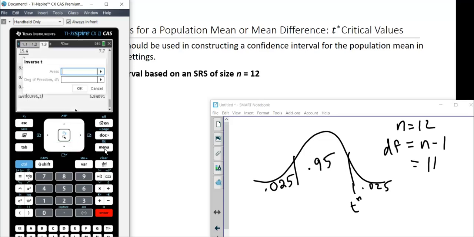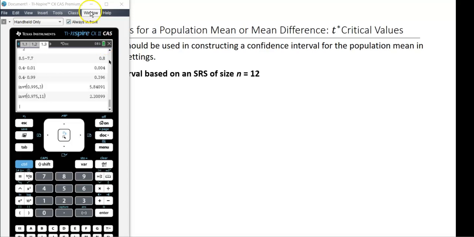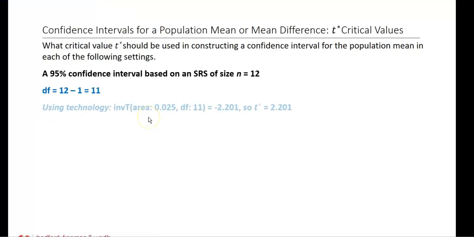Inverse t, area is 0.975, sorry, for this one. And degrees of freedom is 11, not 12 there. And that'll give you the 2.2. That's your t critical value, 2.200, so that's good enough. Degrees of freedom is n minus 1 there, so 2.201.